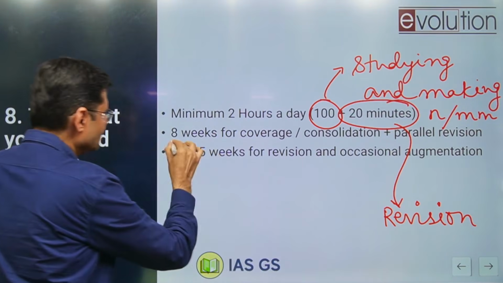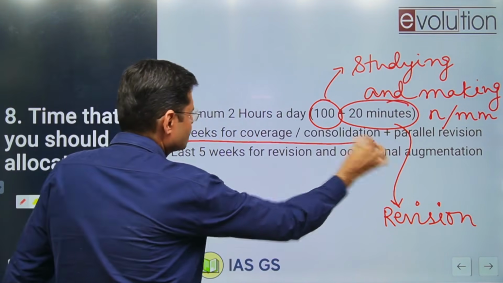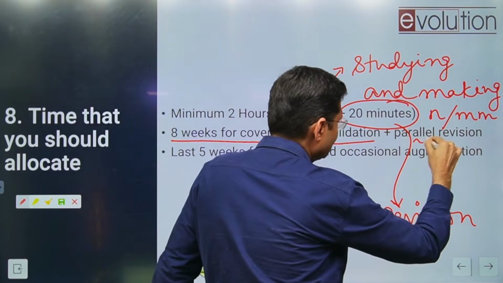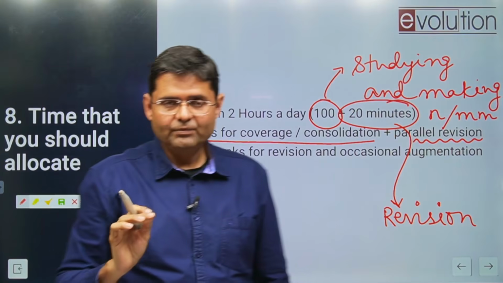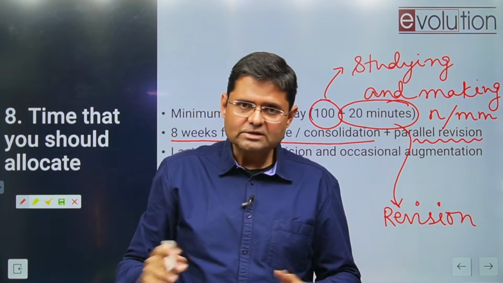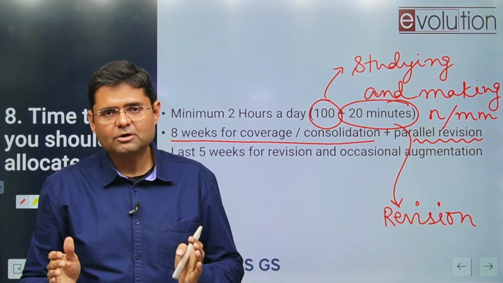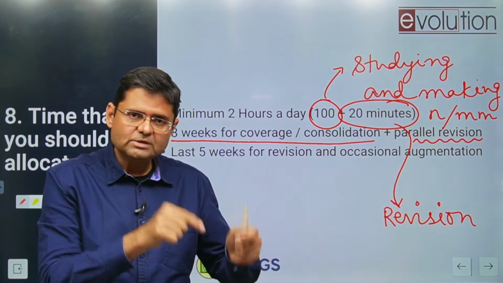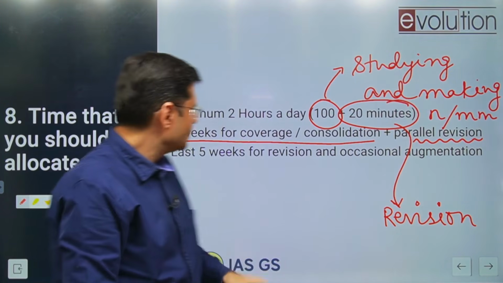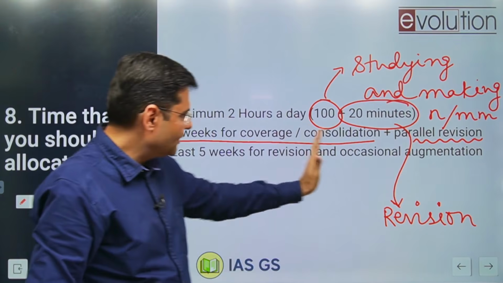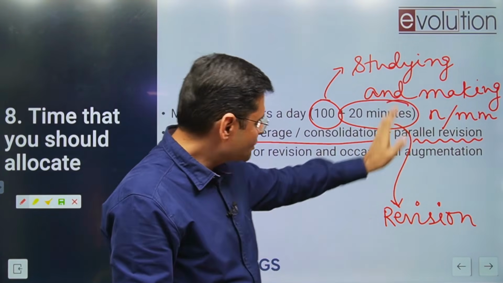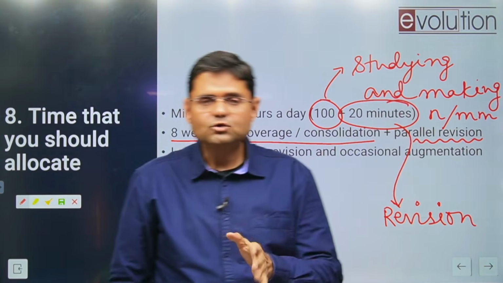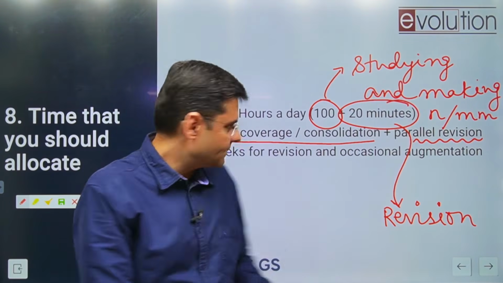So there have to be 8 weeks for coverage and consolidation, and with that coverage and consolidation, you have to carry out parallel revision. And mind it, when I am recording this video, there are 13 weeks available to you from this point until the prelim. So 8 weeks can go for coverage and consolidation, and coverage and consolidation, at the cost of repeating myself, has to be accompanied by parallel revision.